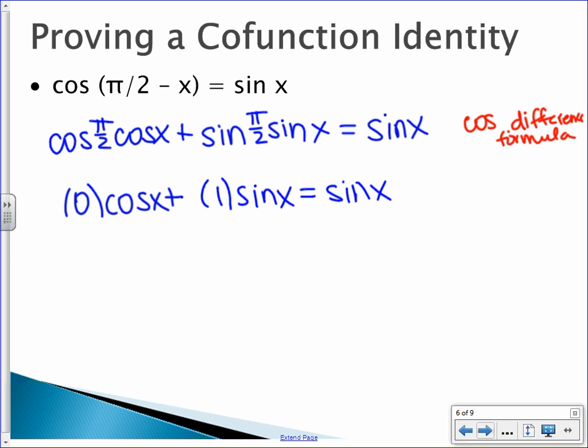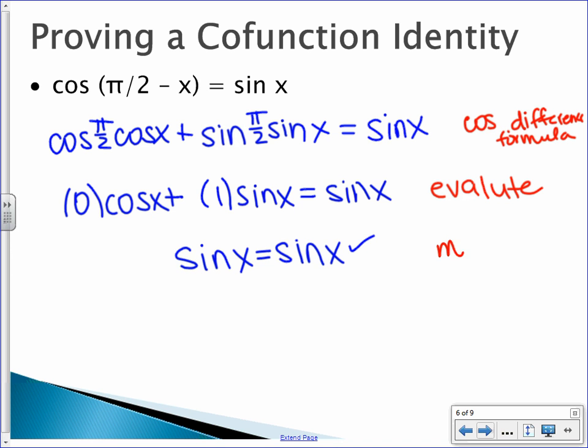Okay, so on your reasonings, we can just write, we evaluated those trig functions. So now what's 0 times cosine? 0. 1 times sine? And we multiply, so I'm going to write that as our reasoning.